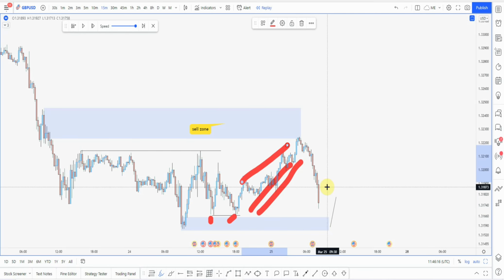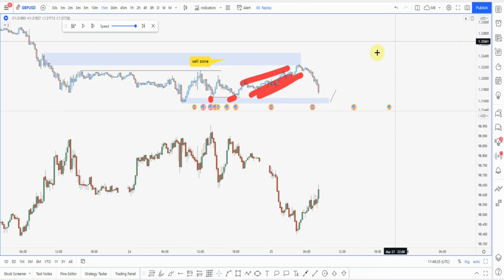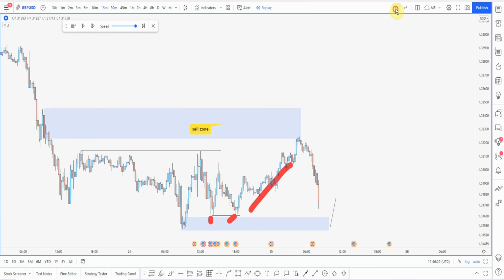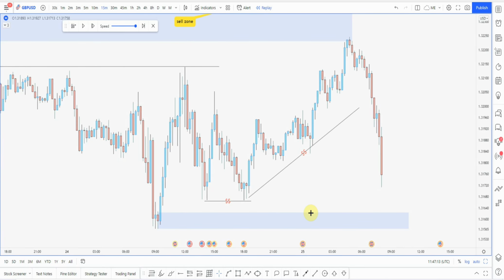Okay. And this is point of interest. That point of interest is yesterday's point of interest. Okay, this liquidity.